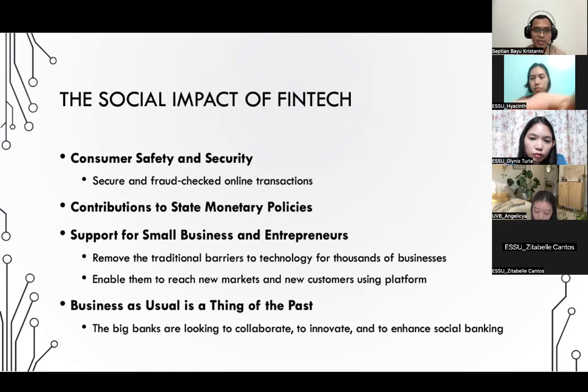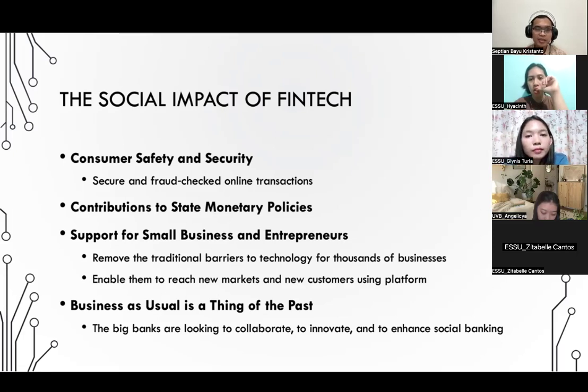Your data should be safe and secure, and will be checked by the online transactions, because it's connecting to your bank accounts, or whatever your fundings, should be connected with the online transactions. So there should be more safety and security from the fintech players.